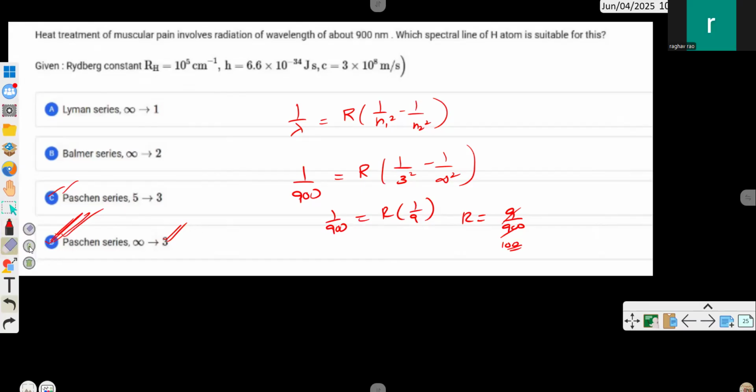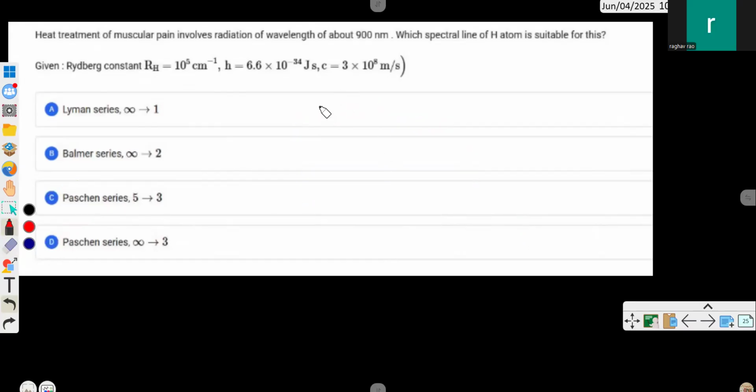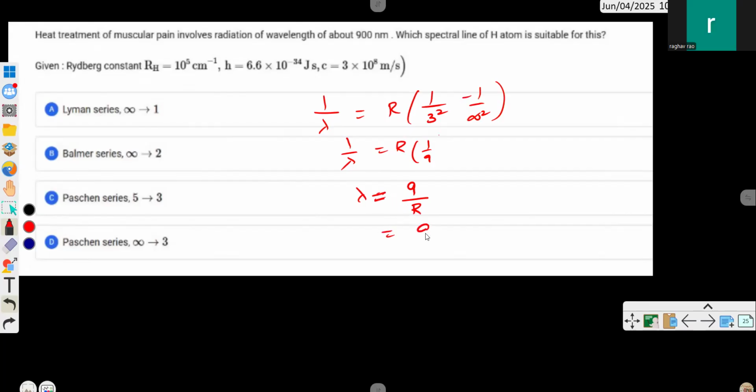Let us check that. So 1 by lambda equals R into 1 by 3 square minus 1 by infinity square. R value we don't know, R into 1 by 9. So lambda equals 9 by R.